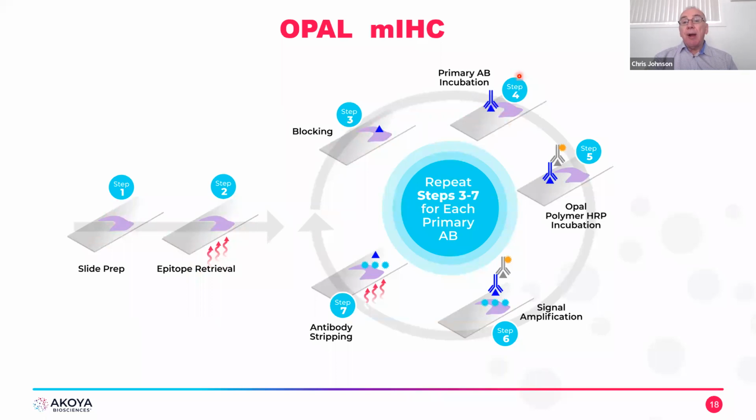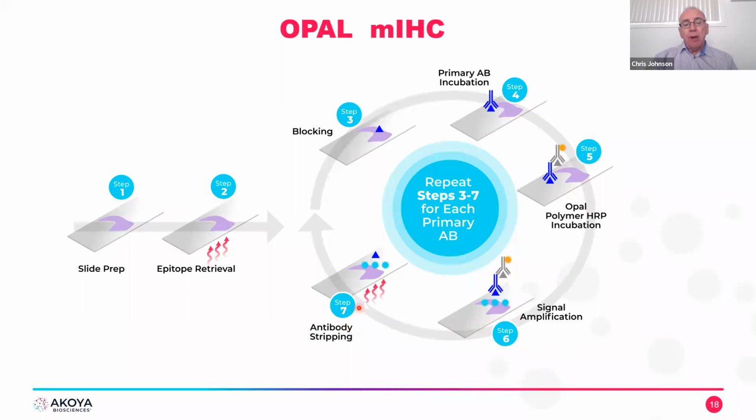On goes the primary antibody incubation, the primary antibody being unlabeled. Then we attach the secondary antibody, which is conjugated to horseradish peroxidase, similar to what you might use in a DAB experiment. And then we apply the signal amplification step, which is the Opal dye itself.